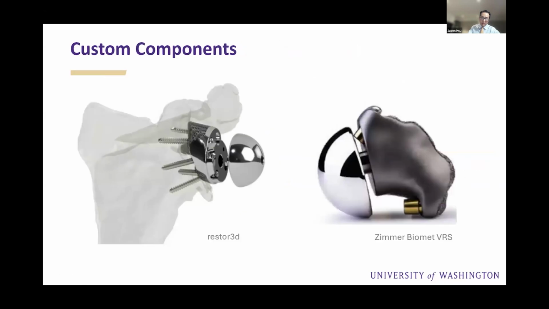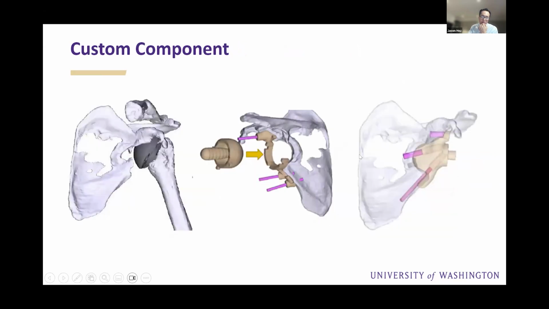And so I think there are a lot of different companies that offer custom components these days. And so what you can do here is get a CT scan and send it off to the company, and they can make these custom devices. This is an example of one custom case where a patient had a severe glenoid fracture that was intended to be fixed, and everything fell apart, got a non-union of the glenoid, and hemiarthroplasty was done.